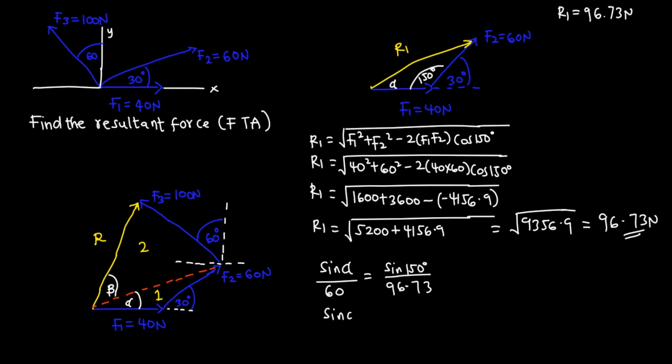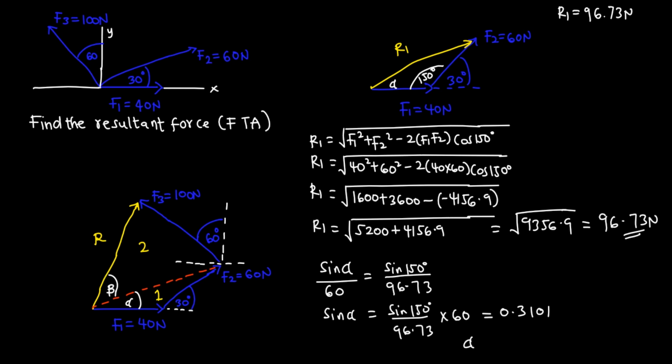We're going to have sine of alpha equal to sine of 150 degrees divided by 96.73 times 60 newtons. So let's simplify this here. Sine of 150 divided by 96.73 times 60 will give me a value of 0.3101. So I'll then take sine inverse of this.